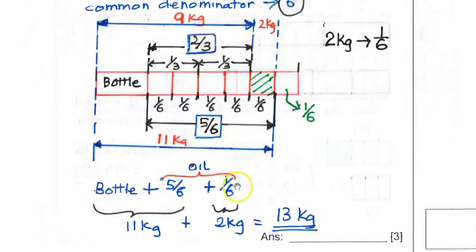Now 1/6, which is 2 kg here, which is also here 2 kg. At first 11 kg, you can see 11 kg plus 1/6, which is 2 kg. So a full bottle should be 13 kg.